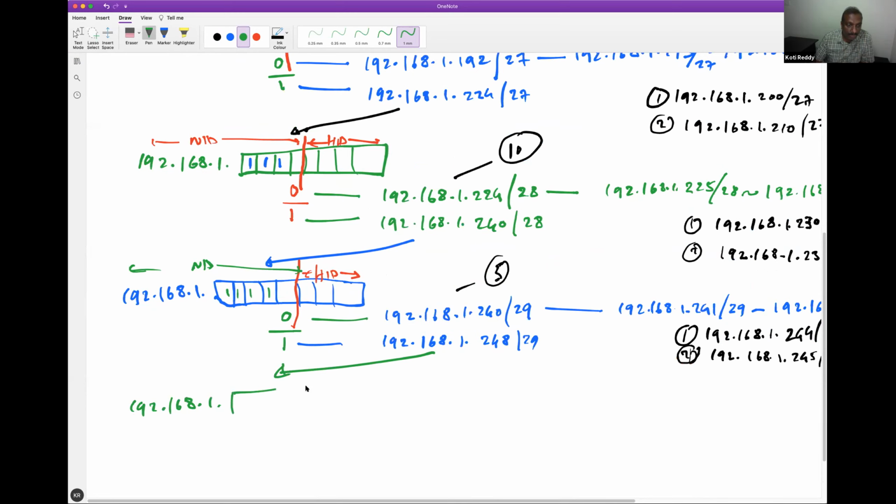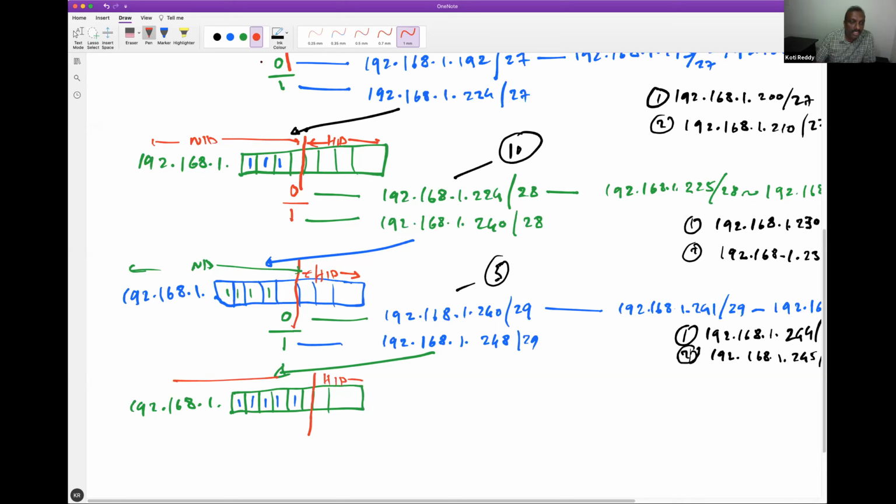If I expand it, I get 1, 2, 3, 4, 5 ones, right? And I need to accommodate 2 hosts. How much should I leave for host ID now? 2 bits I should leave for host.